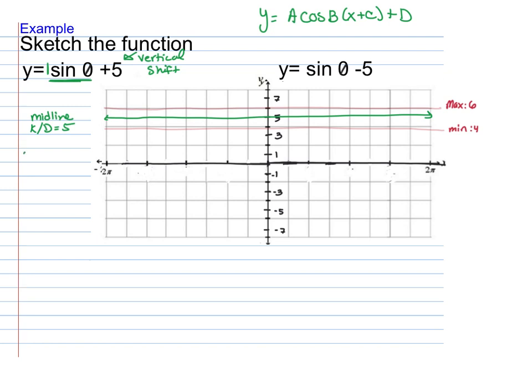I know that a was greater than 0, so that means it's going to be intercept, max, intercept, min, intercept. So I'm going to start at my midline, which is right here. I'm going to go up, intercept, min, intercept.